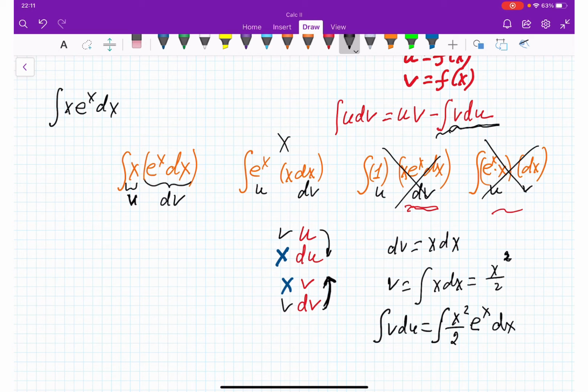With the 1 over 2 constant added to it. So we will be back to square one.